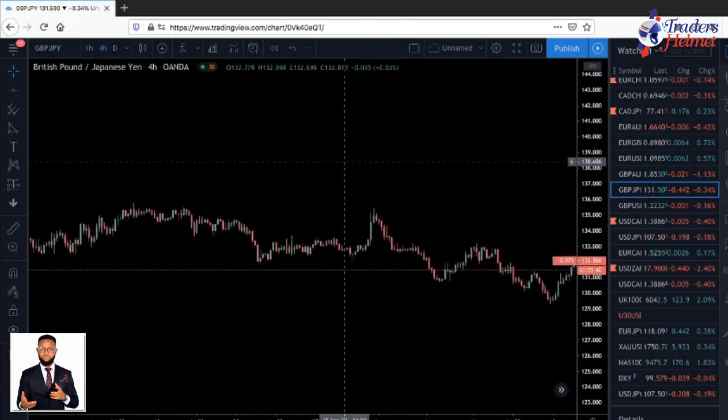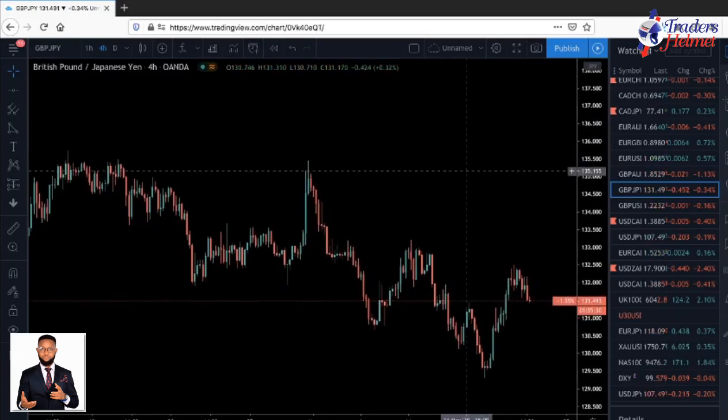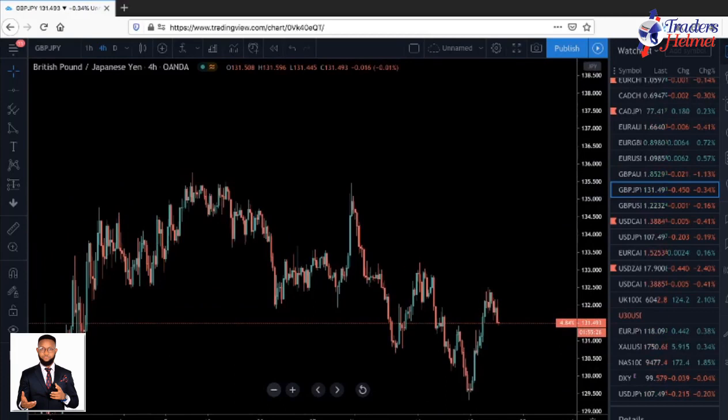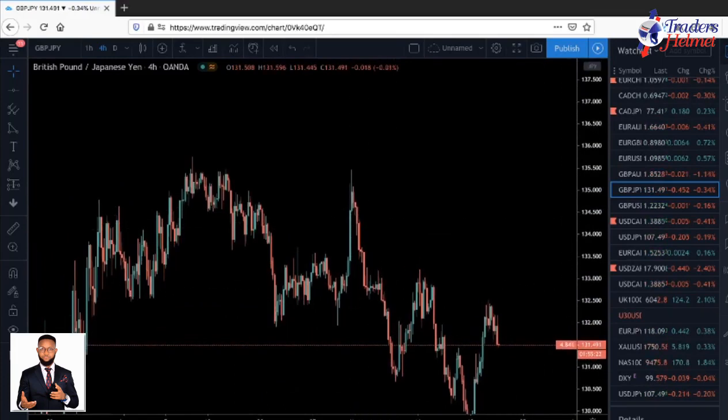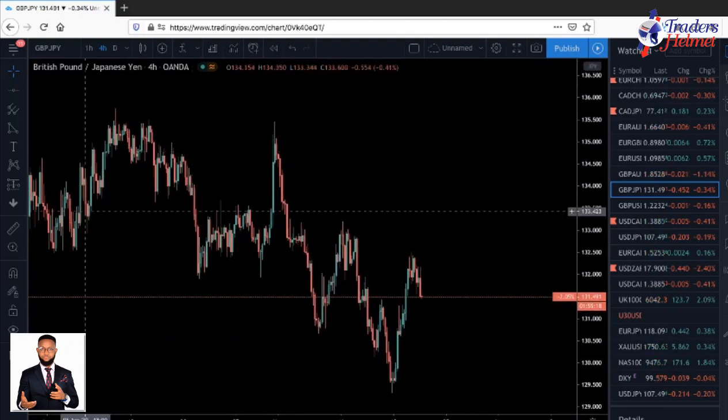in GBP JPY, let's see how we can draw our rhombus here. First, I need to expand it so I can see my impulse, correction, impulse. So how do you draw your rhombus?